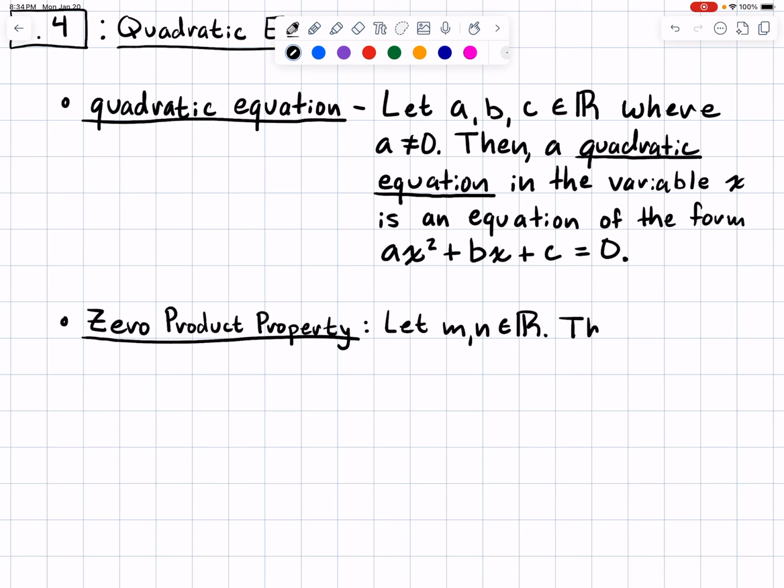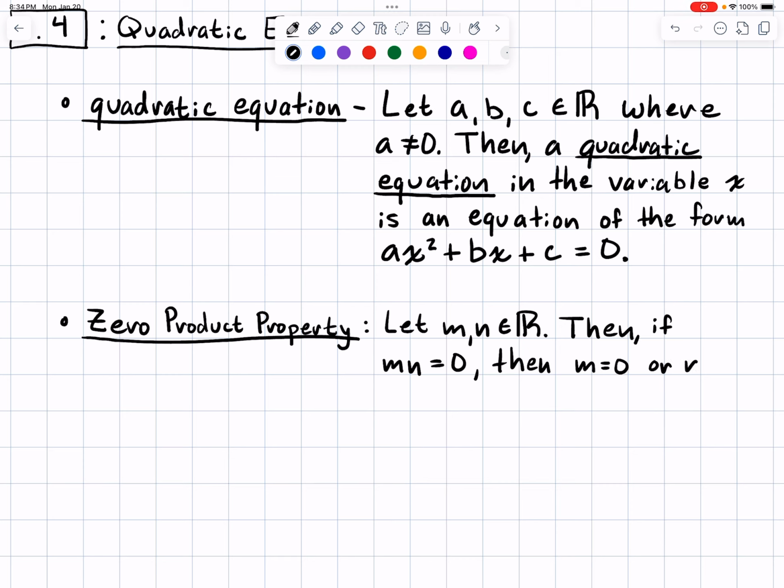Then, if mn equals 0, so if m times n equals 0, then m equals 0 or n equals 0. That's an or. And this is an inclusive or.